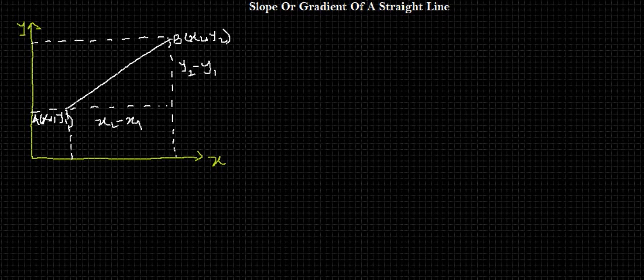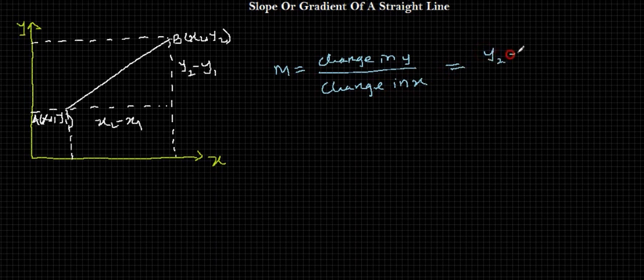So the formula could be written this way: the gradient, which is normally represented with m, is known as the change with respect to y divided by change with respect to x, and this is also written as y2 minus y1 divided by x2 minus x1 respectively.